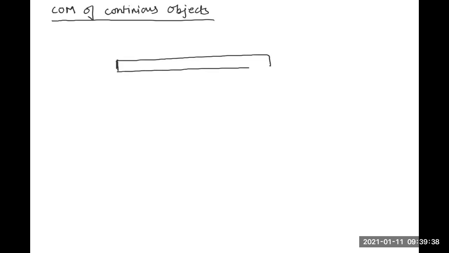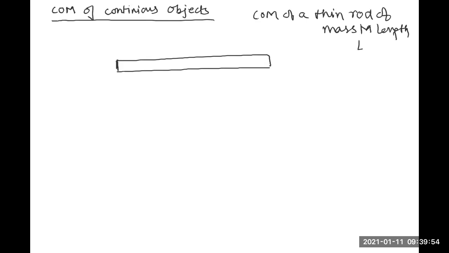So we are finding the center of mass of a thin rod of mass m, length L. Okay, right? This is what we want to find.